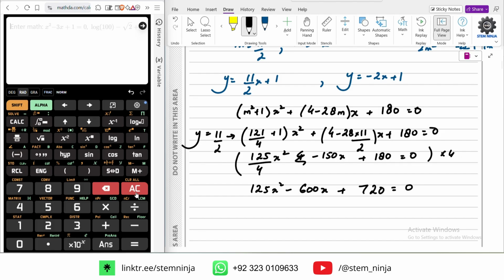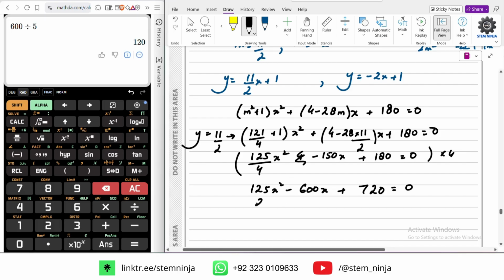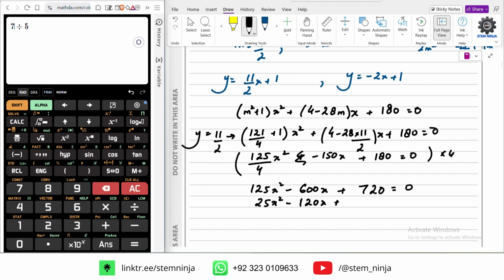Now can we divide by 125? Can we divide by 25? Wait, can we divide 720 by that? No, we can't. Okay, let's divide by 5 then. 600 divided by 5 is 120, so 25x squared minus 120x plus 720 divided by 5, that is 144.